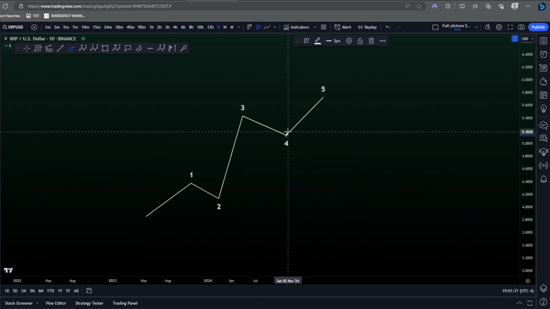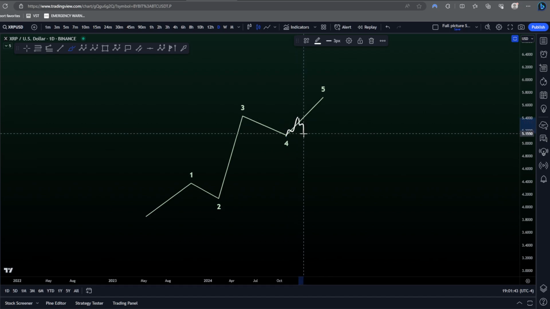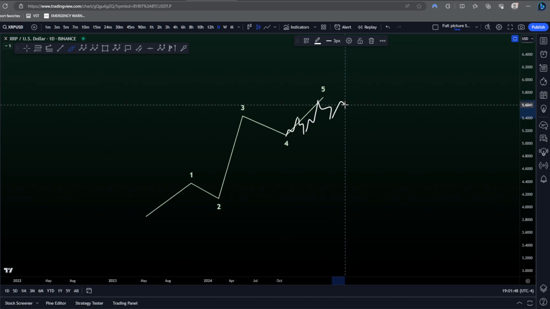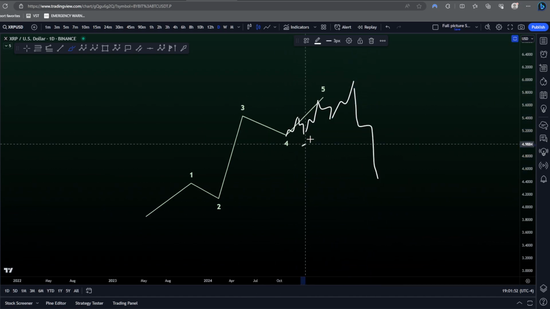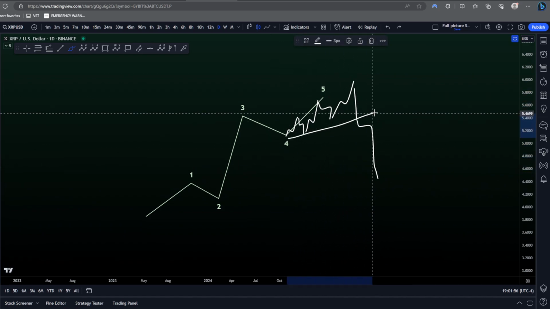Ending diagonals will always be corrective structures. ABC, ABC, ABC, ABC, ABC, down. That's your ending diagonal. It will show itself with trend lines as well.